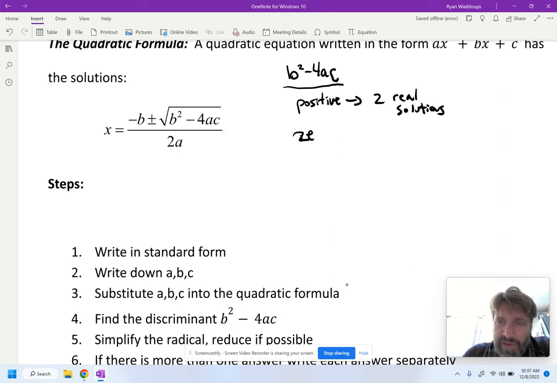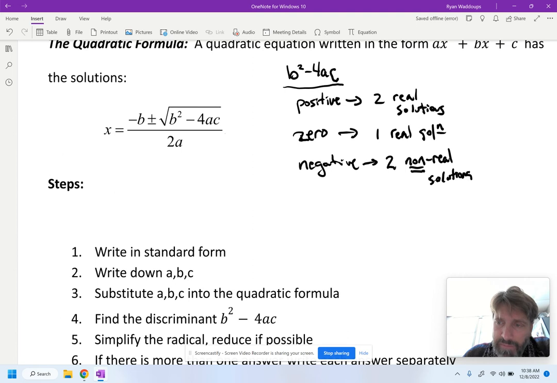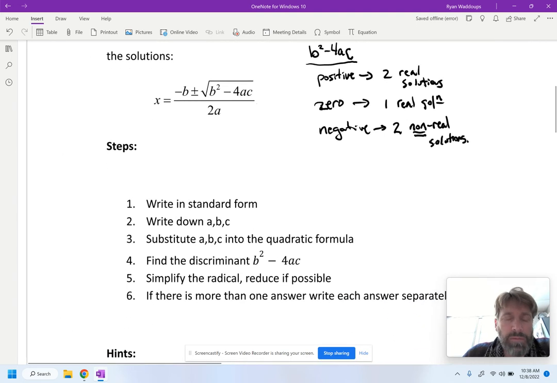If the discriminant is equal to 0, that means there is one real solution. And if it's negative, that means there are two non-real solutions. And we'll see some examples of all of these moving forward.